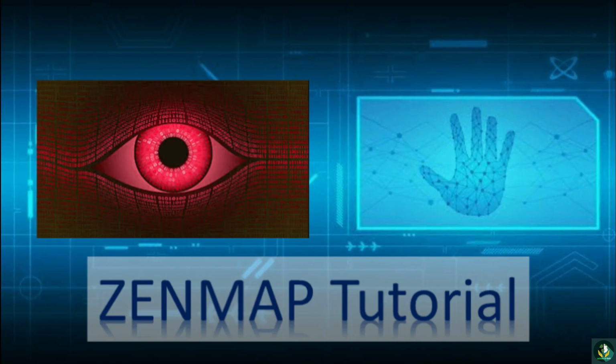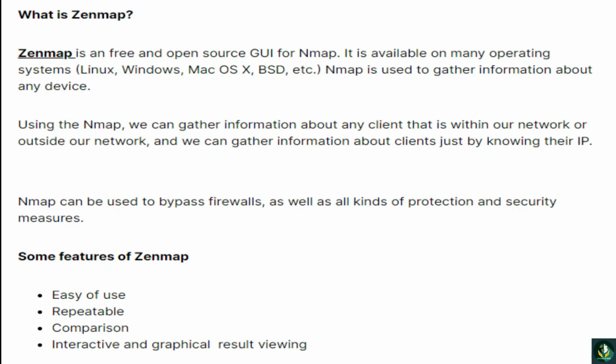Let's talk about Zenmap. What is Zenmap? Zenmap is a free and open source GUI for Nmap. It is available on many operating systems like Linux, Windows, Mac OS X, BSD, and many more. Nmap is used to gather information about any device.